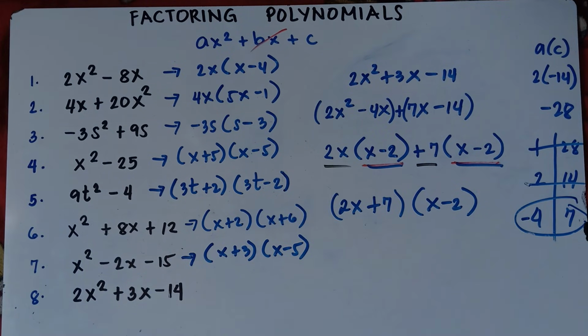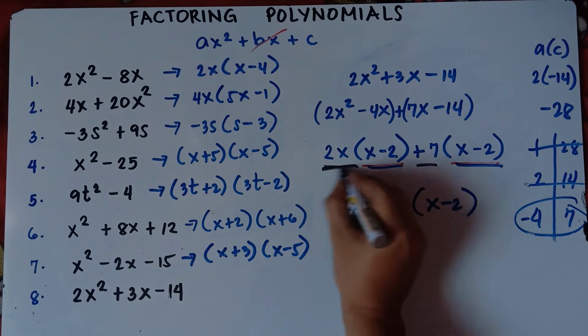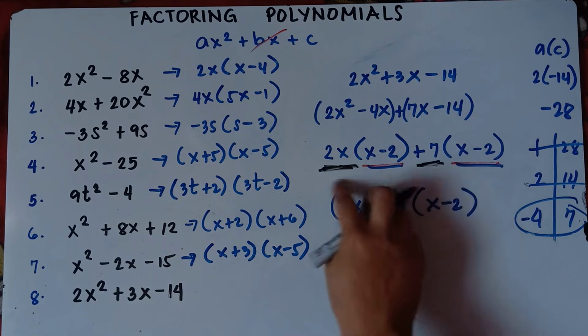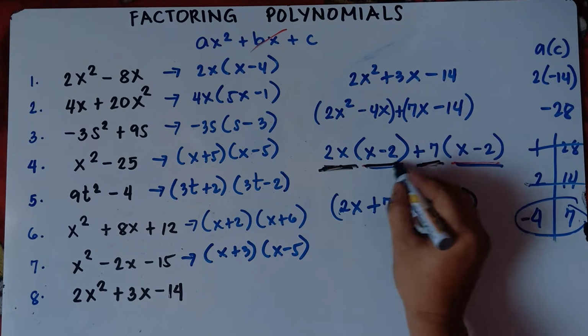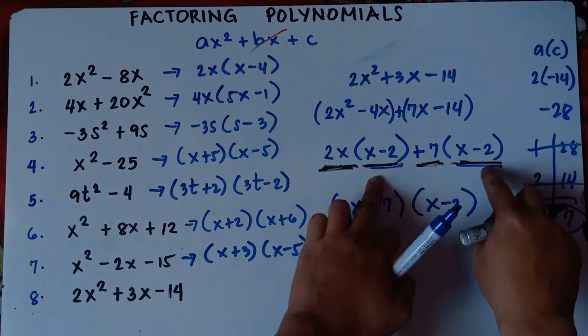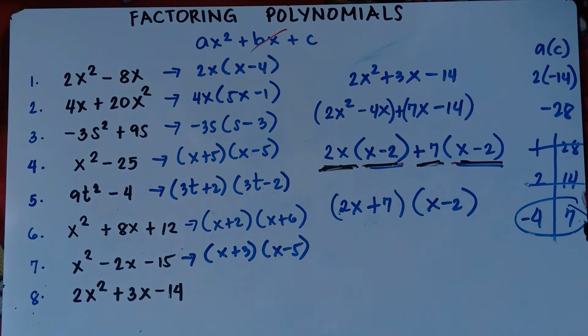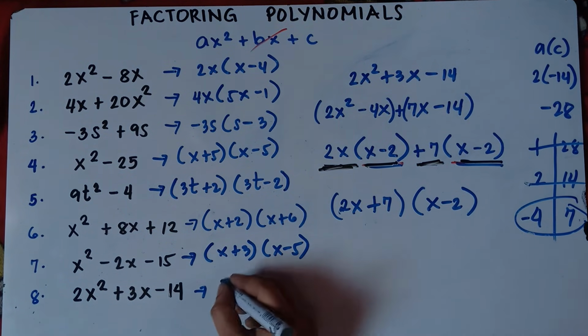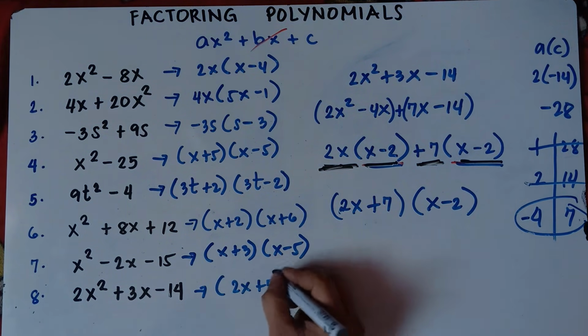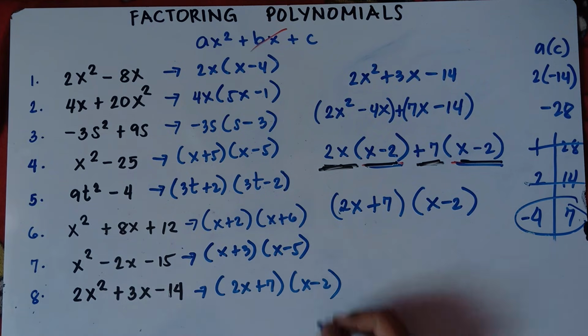You copy 2x plus 7 as the first factor, and the second factor is x minus 2 and x minus 2, which we can equate. This becomes 1, class. So this will be your answer: 2x plus 7 and x minus 2.